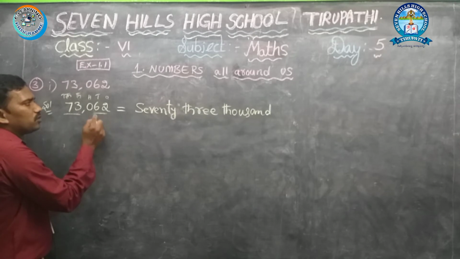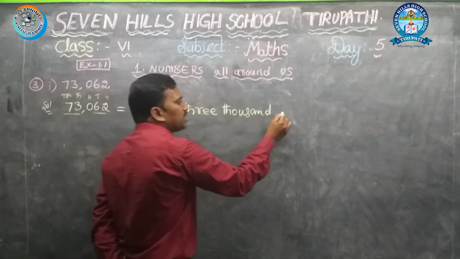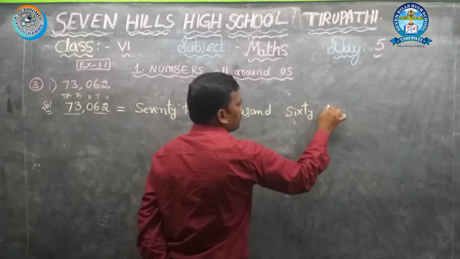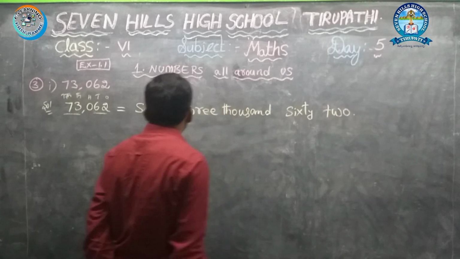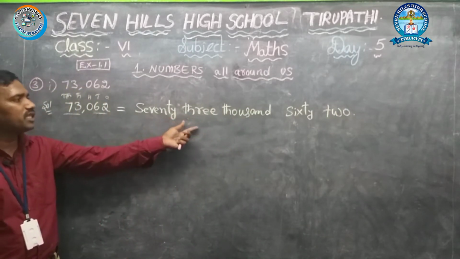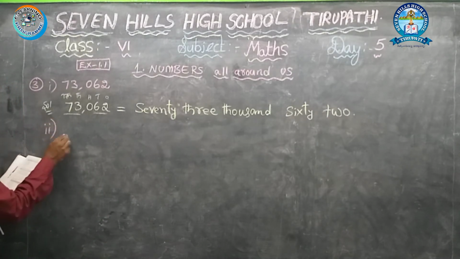How many ones? 2. So together 62. 73,062. This is the number name for this question.